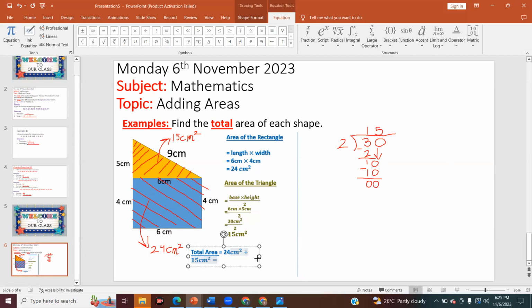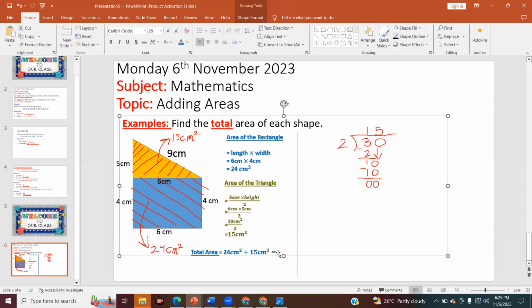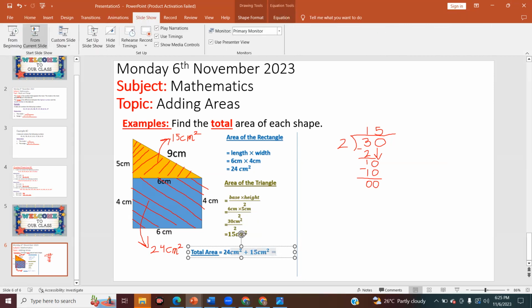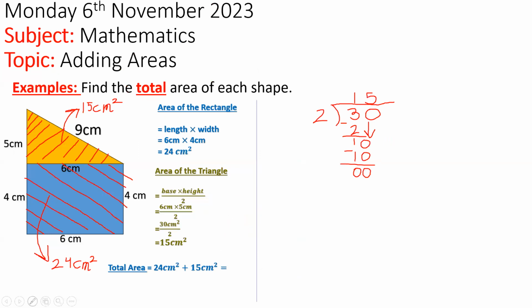And so when we add them, let's add them and see what we get. So we have 24 plus 15. And we say 5 plus 4 is what? 9.